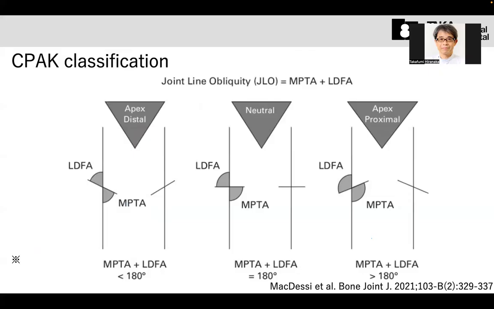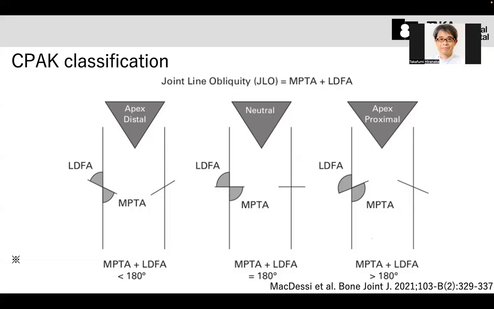Another item is joint line obliquity, which is calculated as MPTA plus LDFA. If the patient has a straight leg, it is most easily understood. If MPTA plus LDFA is less than 180 degrees, it implies a medially inclined joint line.